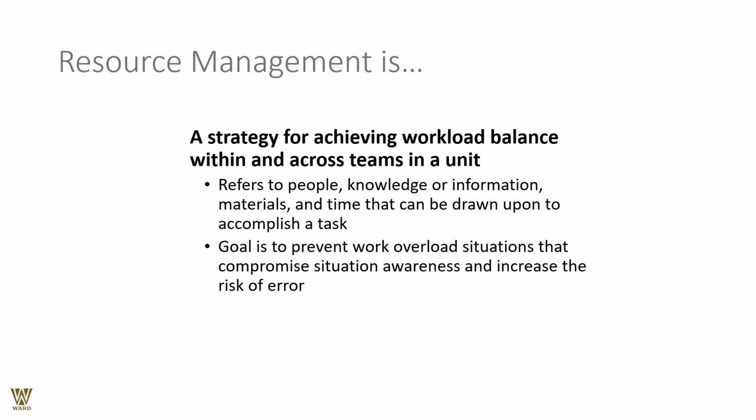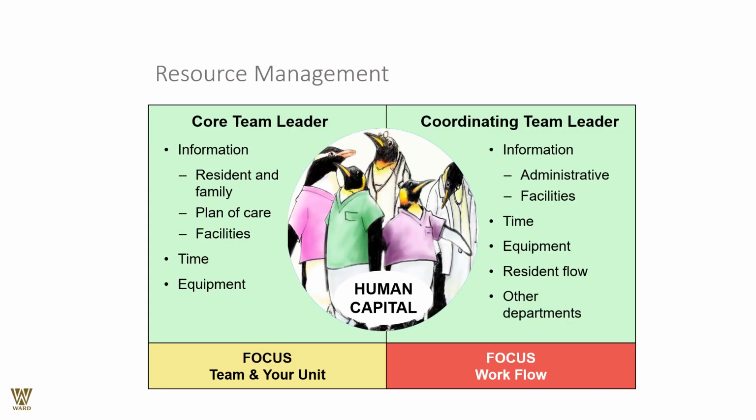Remember, we are talking in terms of people, knowledge, information, material, and time that need to be allocated on an as-needed basis. The employees are depicted in this particular picture. It is the human capital that we need to look into: the core team members and the coordinating team leaders. The core team's information would be residency, family, plan of care, facilities.